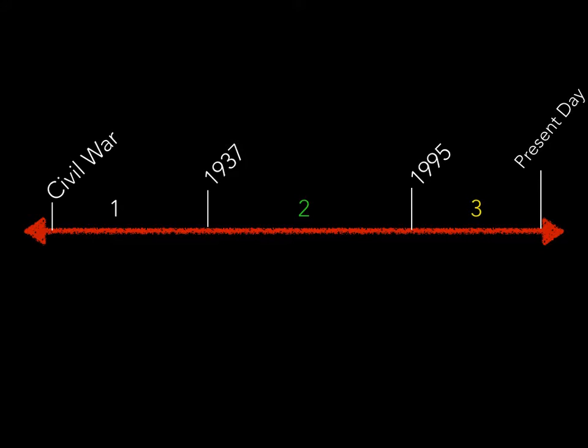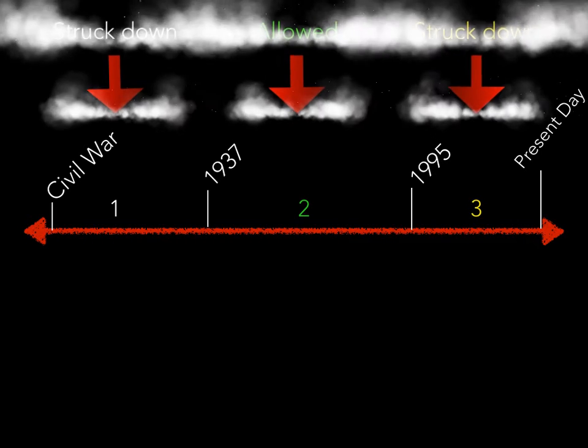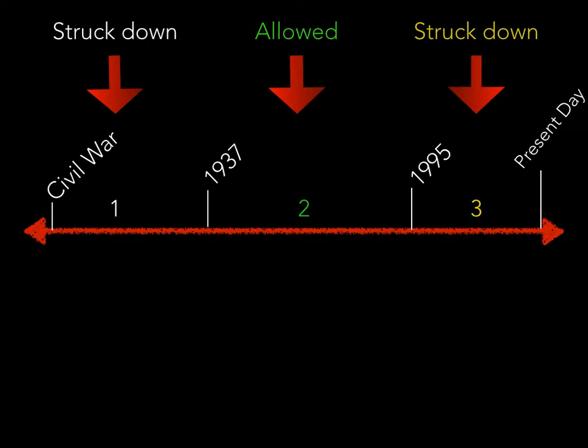And we'll see that because some of the statutes that were challenged during that time period were struck down. And that doesn't mean that all of them were struck down, right? But some were. I added this part here because during the second period, we'll see that all the statutes that were challenged under the Commerce Clause theory between 1937 and 1995 were allowed, okay?